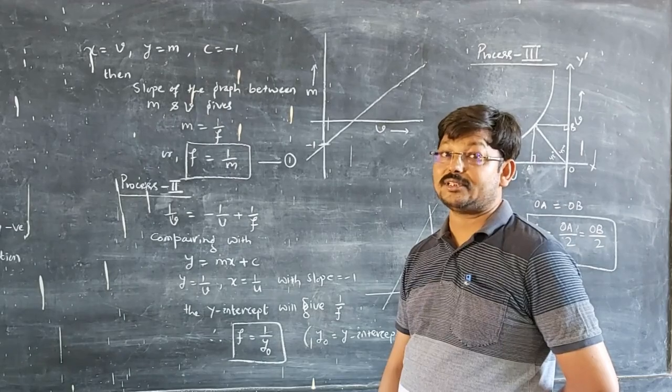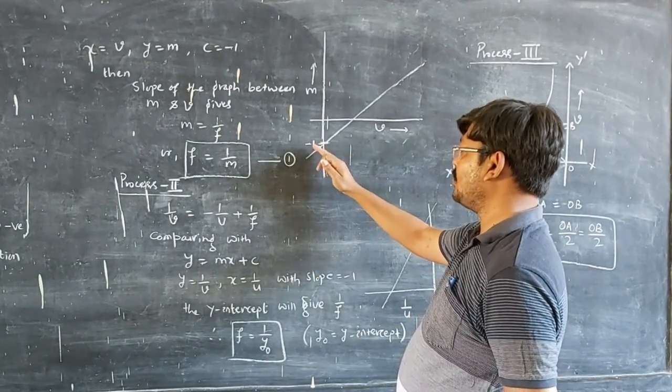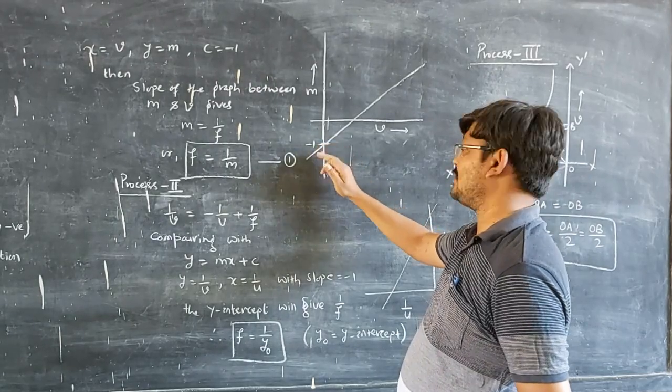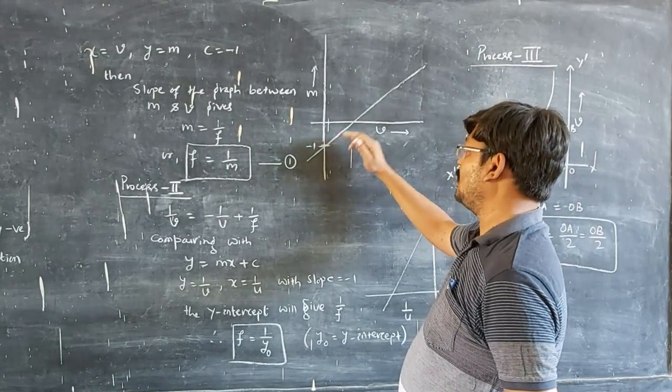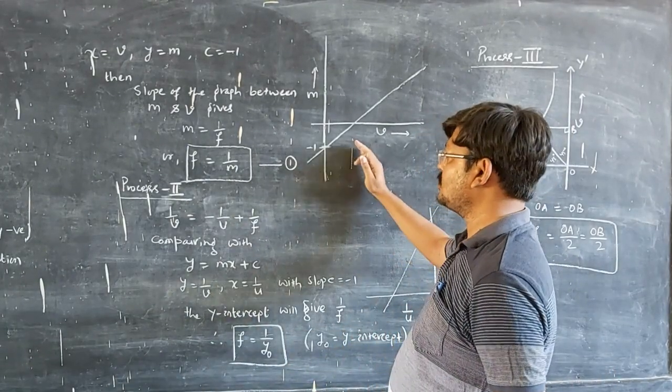So minus 1 is the y-intercept. The closer your line intersects y equals to minus 1, the more accurate data you are going to get. So this is your first method.